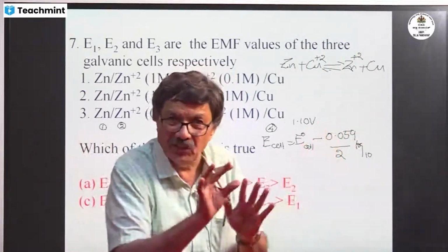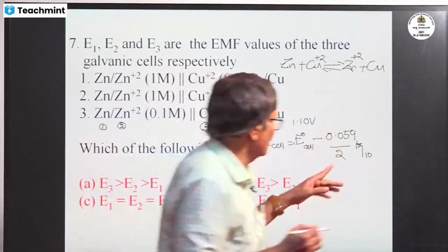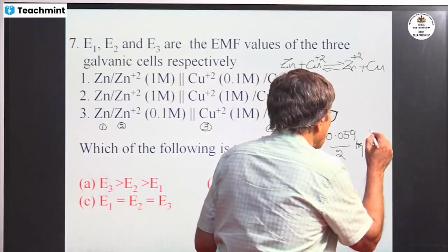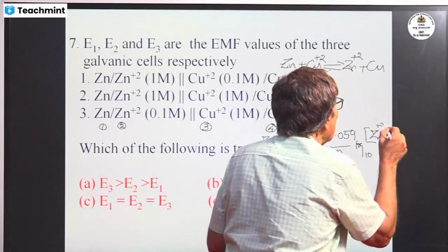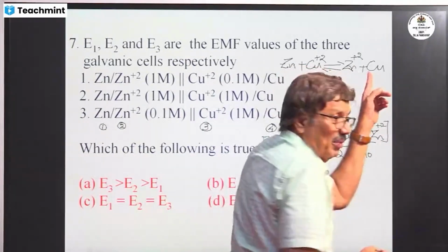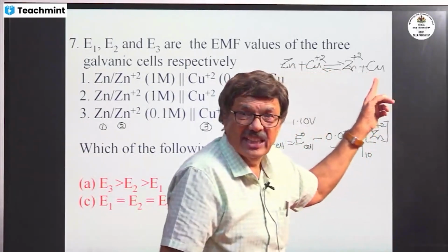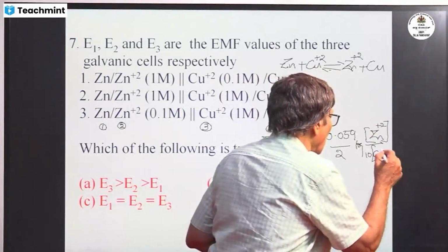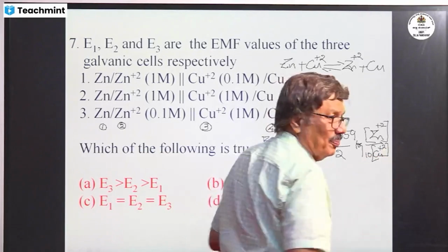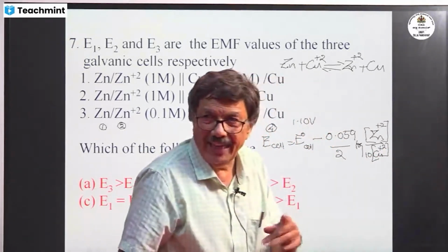You do not show it in the equation. So, log to the base 10 of molar concentration of zinc comes in the numerator. This you have to leave out because it is an element in its free state, divided by the molar concentration of copper. Correct now? It will be like this.